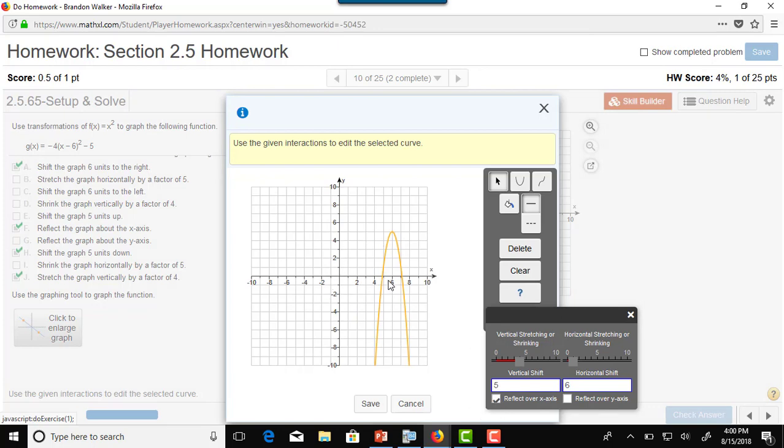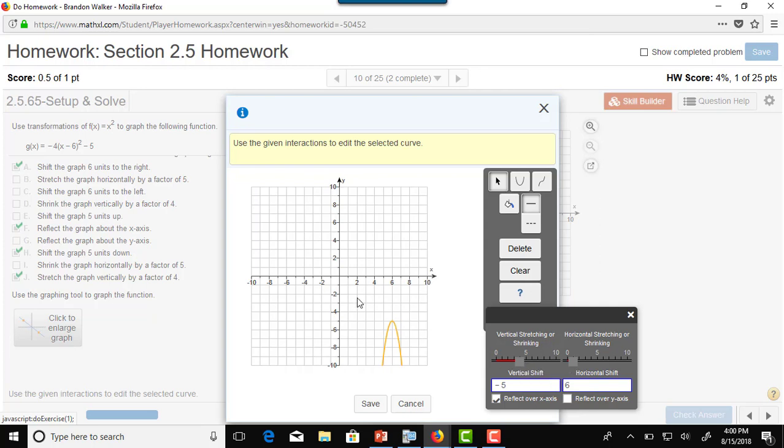So that shifted it right 6. My vertical shift, sorry about that, should have been a -5. So that shifted it down 5. I guess the negative didn't get entered in there. So right 6, down 5 with a -5, reflected over the x-axis and vertical stretch of 4.